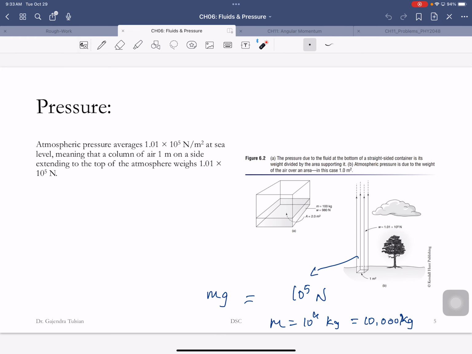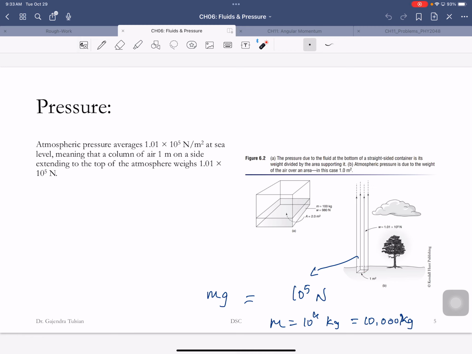The pressure at this point, you can think of this as the weight of this column of air all the way to space. And that pressure, again, at this point would be 1 atmosphere.